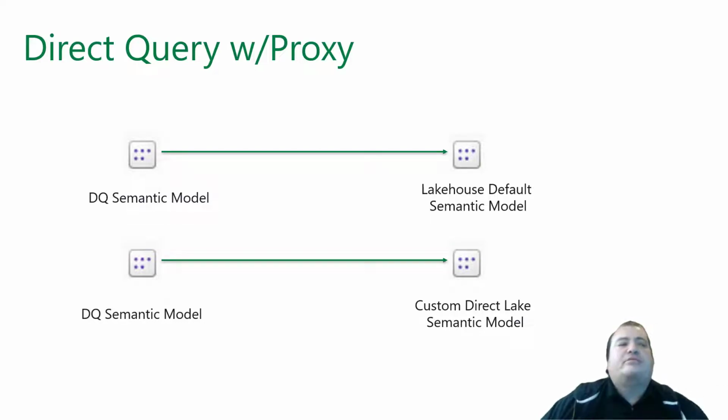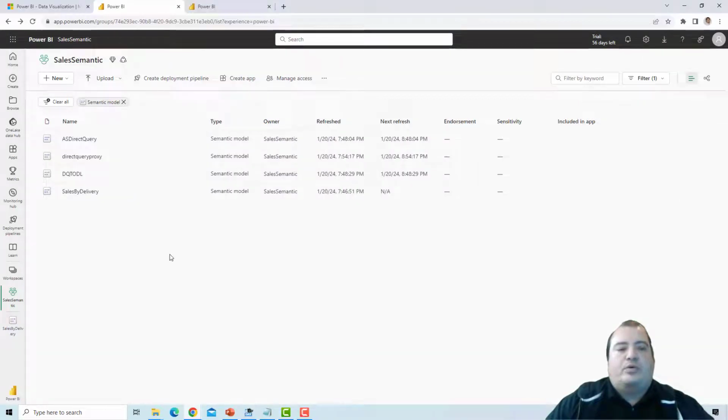Why are these scenarios different? Because we have no control of the refresh and cache of the default semantic model, but we can do that with a custom direct lake semantic model created by us. Let's test these two situations and check the result. I'm on the Power BI portal.